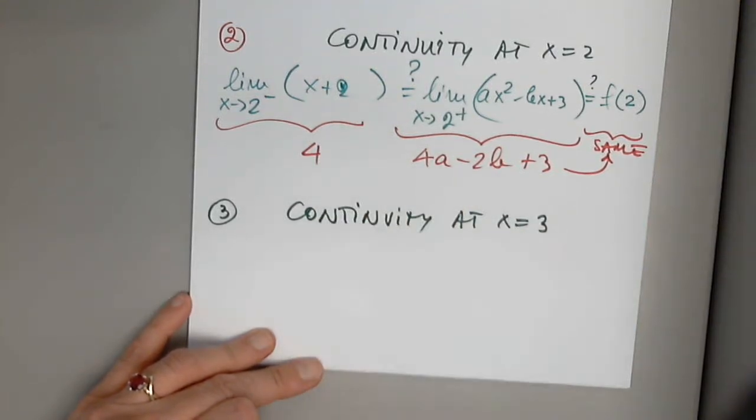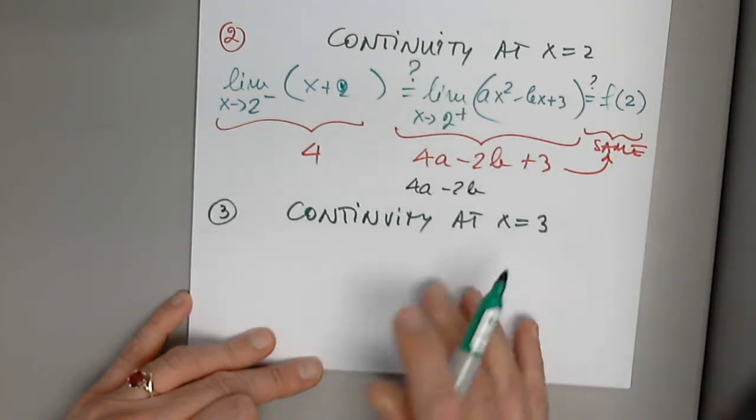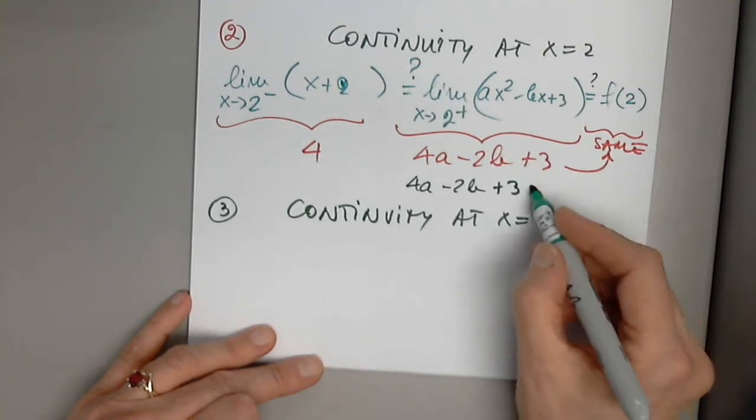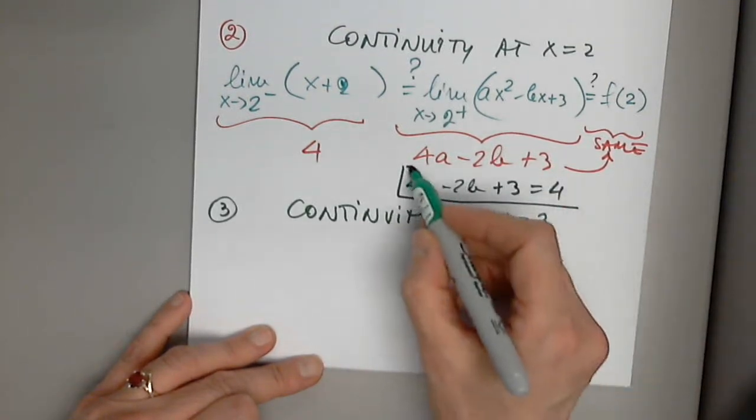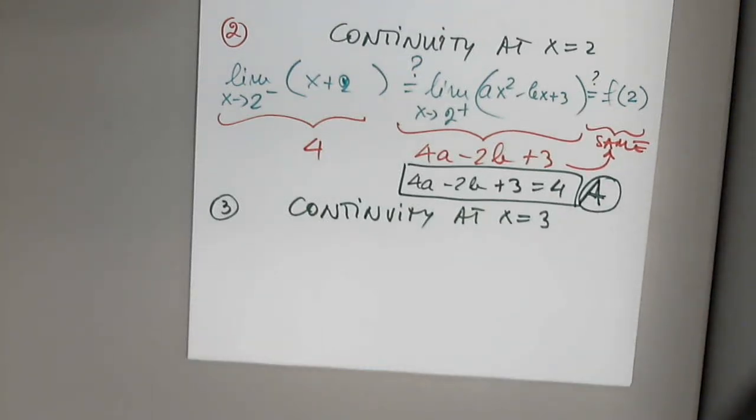What will you tell me to write? 4a minus 2b plus 3 equals 4. This is our first equation, number A. We all understand how we got this. Any questions? Is this clear?